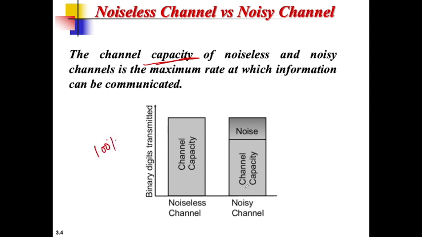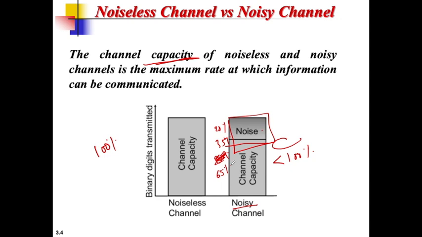However, for a noisy channel, the channel capacity will not be 100%; it will be somewhat less. The higher the noise, the lower the capacity. For example, if the noise is 20%, the receiver can only receive up to 80%, so the channel capacity is a maximum of 80%. In another example, if the noise is higher, say 35%, the channel capacity will be only 65%.